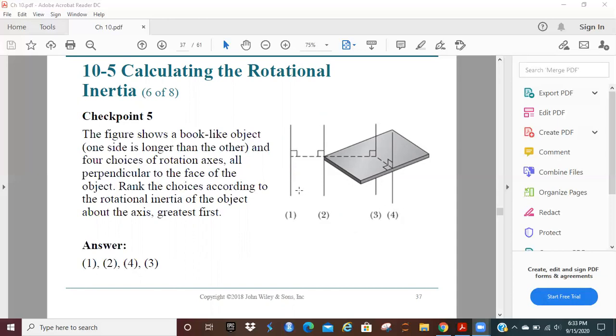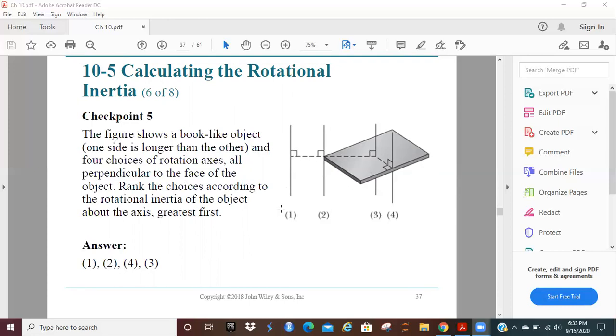you're going to have to remember here that the further these mass points are away from your rotational axis, the harder it is to get this object in motion, because the moment of inertia not only depends on the mass, but it is more dependent on how far away they are from the axis.